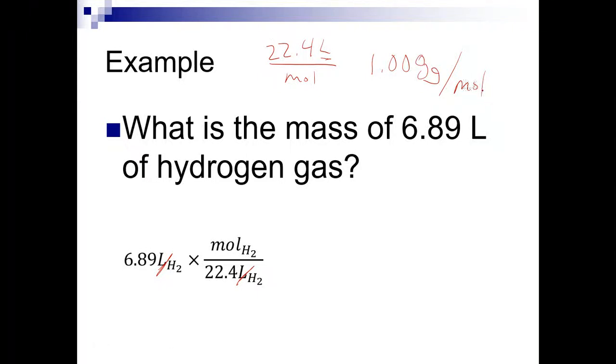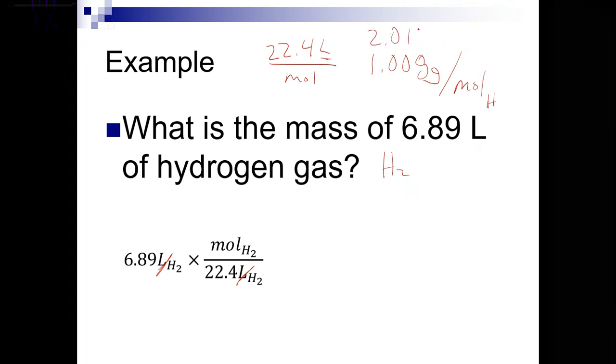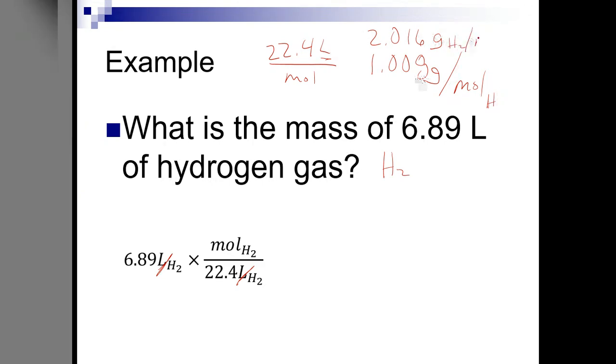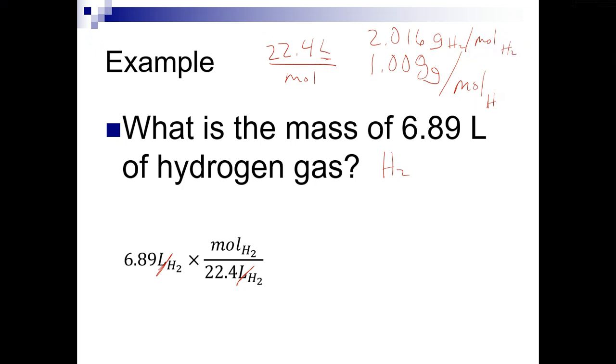But that's hydrogen, H, the element. Hydrogen gas is H2. So if I multiply that times 2, I get 2.016 grams of hydrogen per mole of hydrogen. So I'm going to use that conversion factor in the right orientation to make sure the moles cancel.